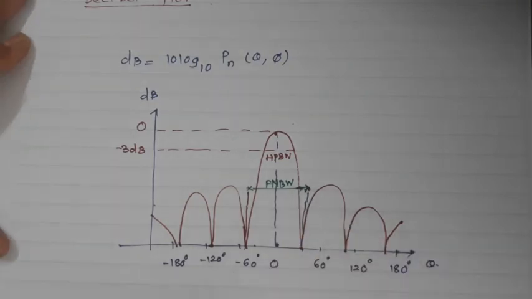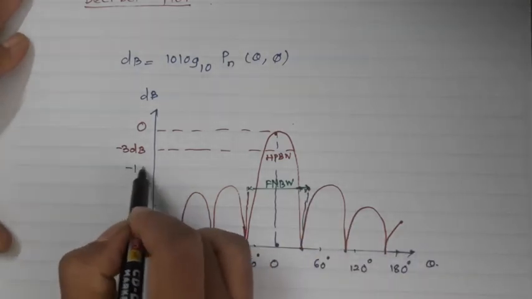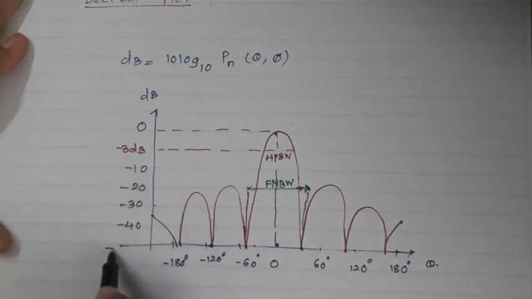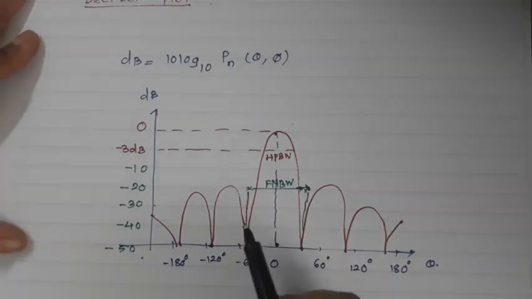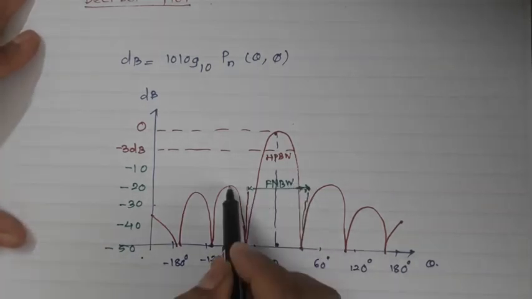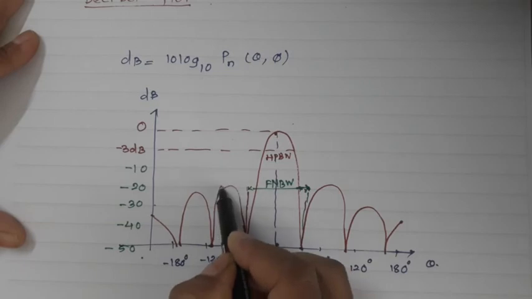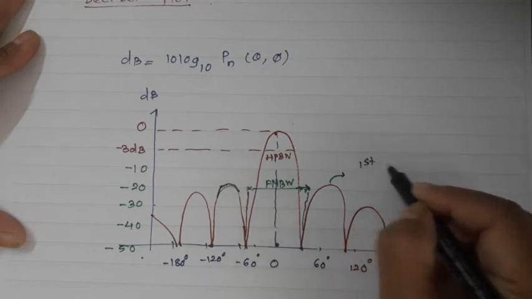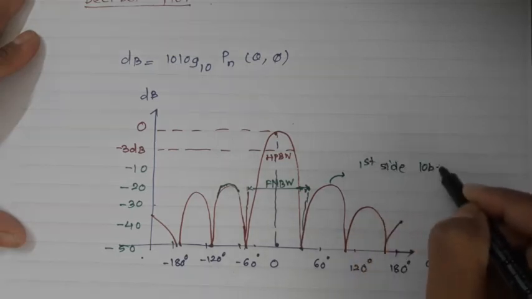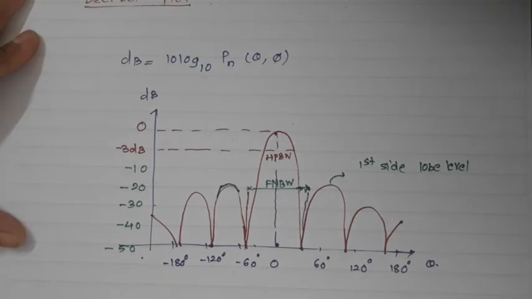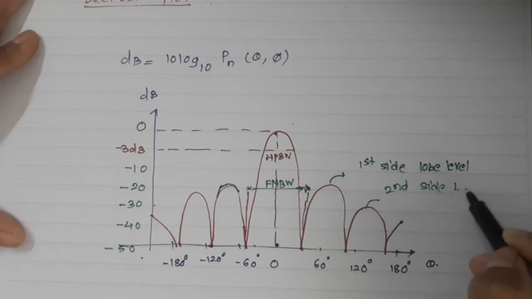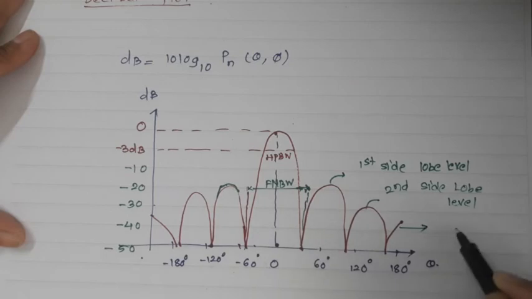Here I am just plotting -3 dB, -10, -20, -30, -40, and this will be -50. Whatever I am getting here is near about this one, so you can measure the power. This is my first side lobe level. Then this is the second side lobe level, and the last one is the back lobe level.